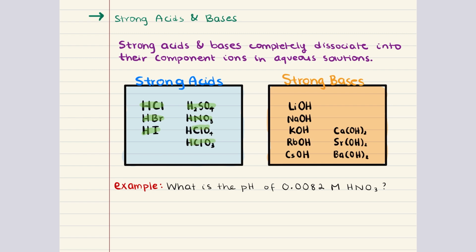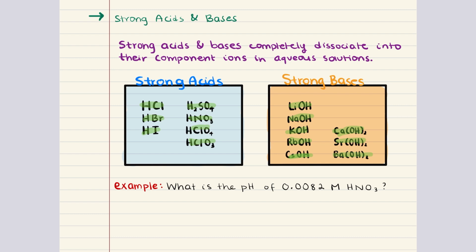So those are our 7 strong acids. For strong bases, we have lithium hydroxide, sodium hydroxide, potassium hydroxide, rubidium hydroxide, cesium hydroxide, calcium hydroxide, strontium hydroxide, and barium hydroxide. So here we have 8 strong bases.